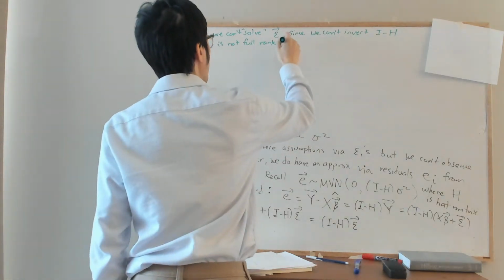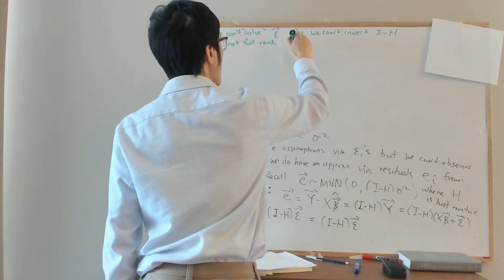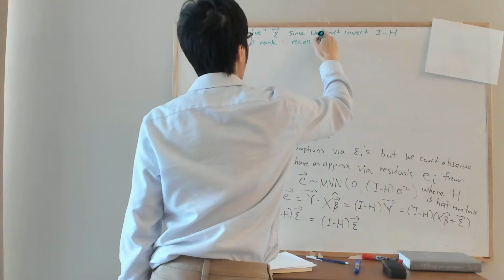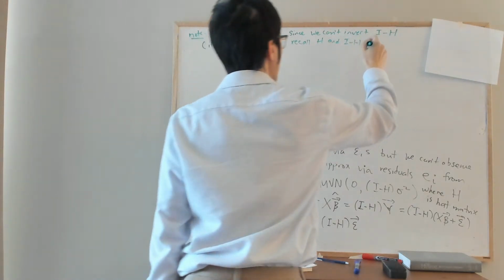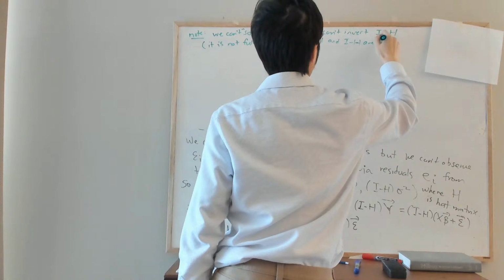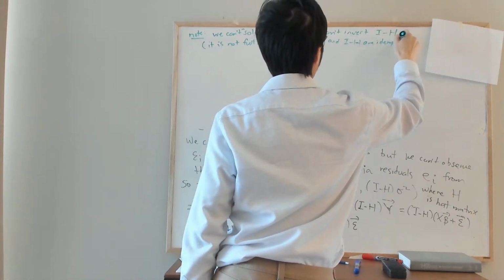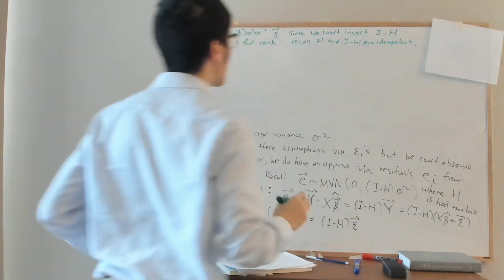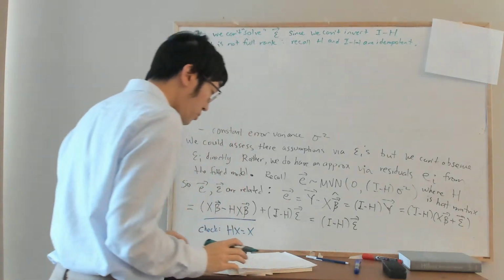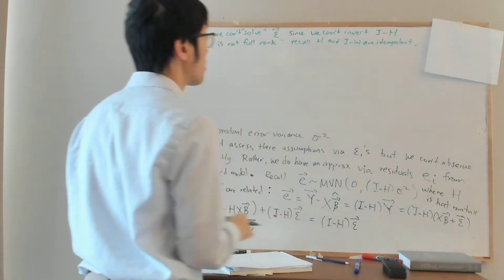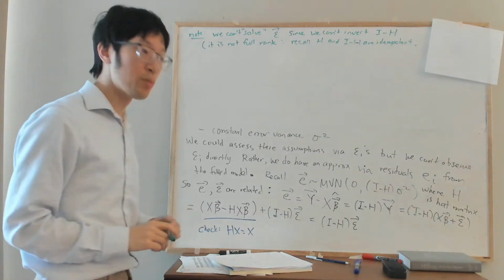To realize that, let's remember that both h and I minus h are idempotent, and so their rank is determined by the trace.